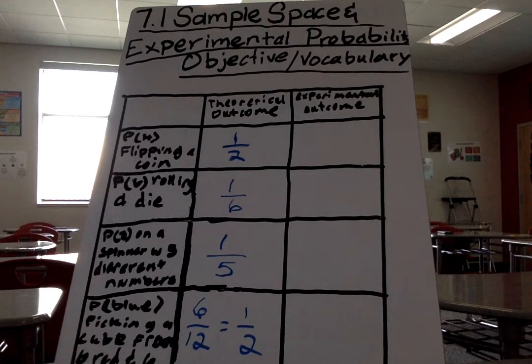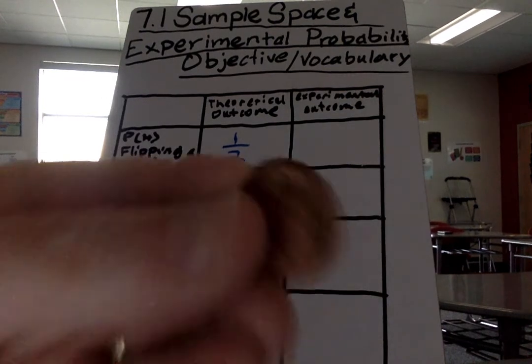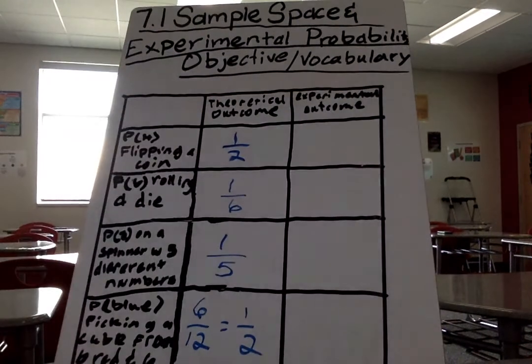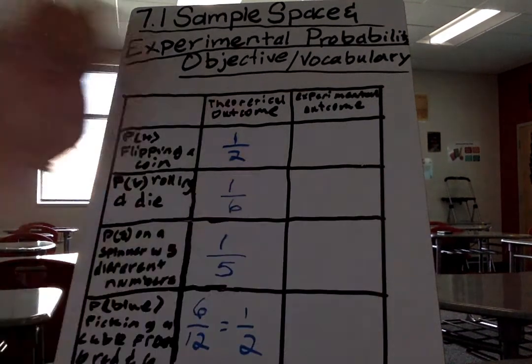Now, for our experimental probability, I'm going to go ahead and flip the coin 4 times and see what that is going to be. So here we have our coin. I'm going to flip it. Ooh. Okay. And that is tails.